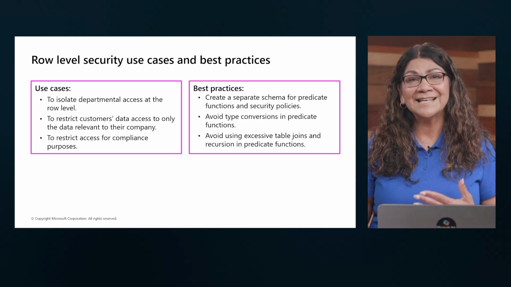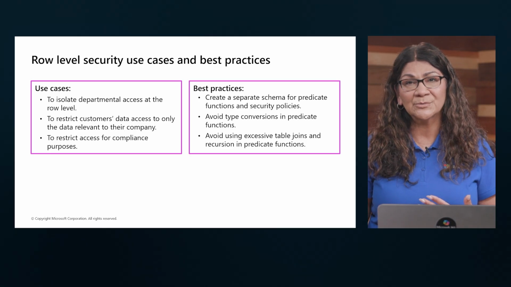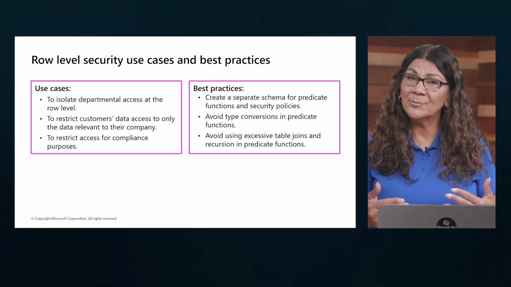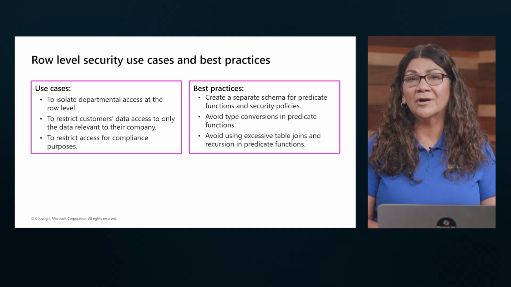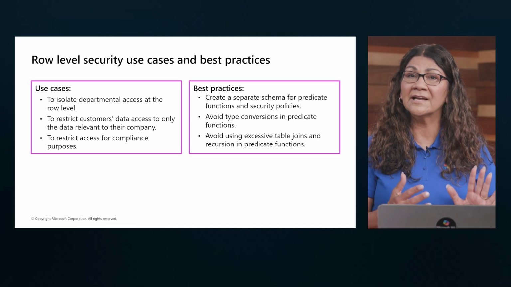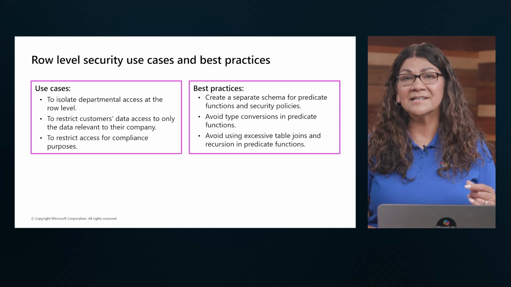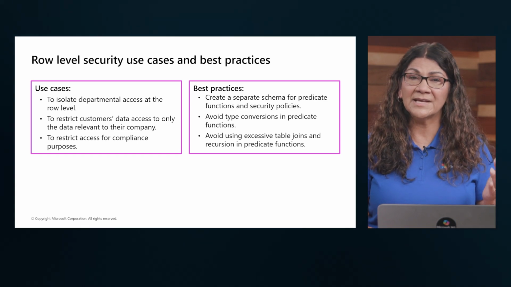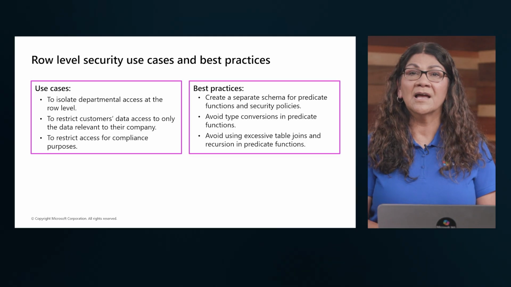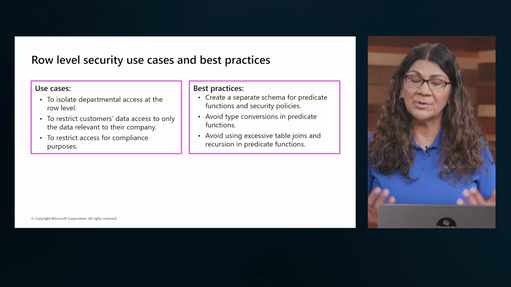In a multi-tenant environment, it restricts customers to their own company's data, preventing cross-access and protecting client confidentiality. For compliance, it limits access to regulated data based on users' roles, supporting standards like GDPR.